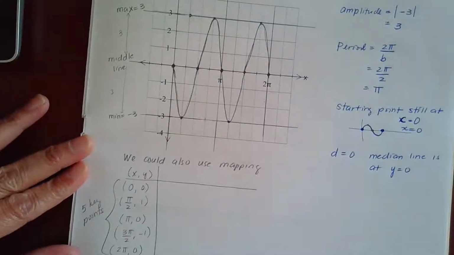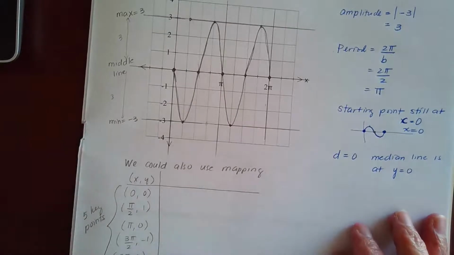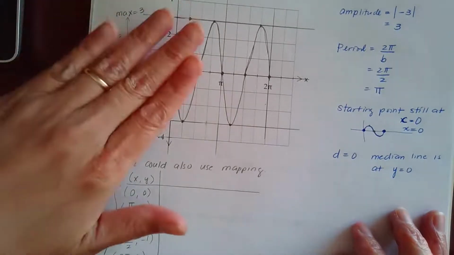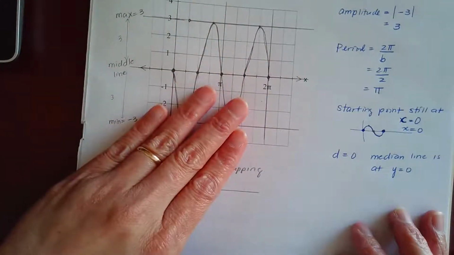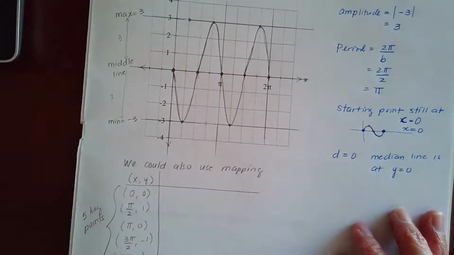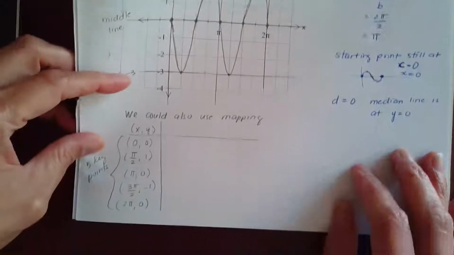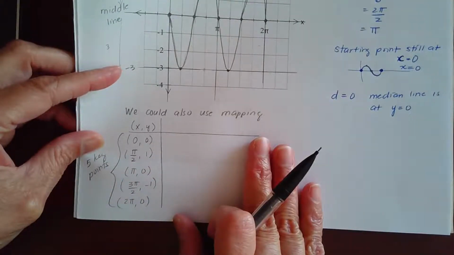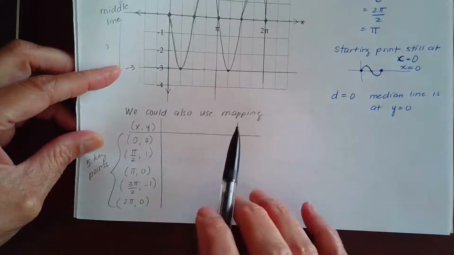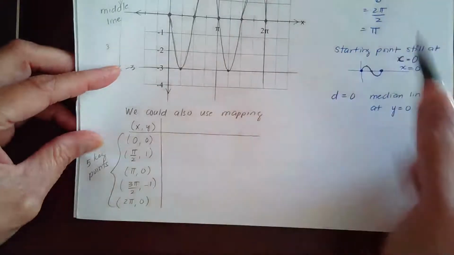What I'm trying to do here is give us another strategy for how to do this. The thing that I did earlier is one strategy, but if you prefer a different strategy, here's the other one, which is the mapping. So what's happening here is that the amplitude is 3.